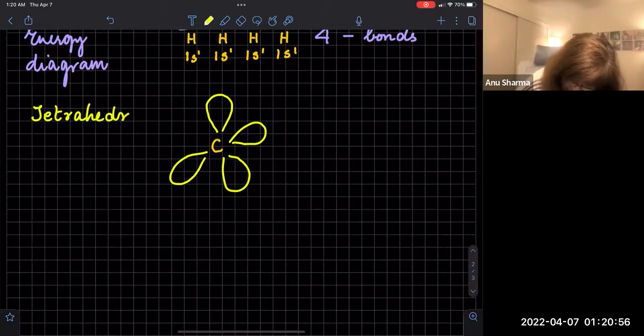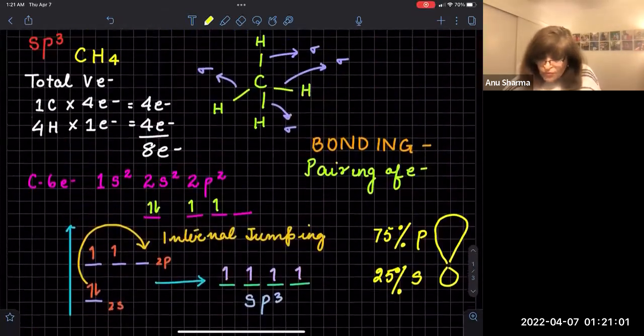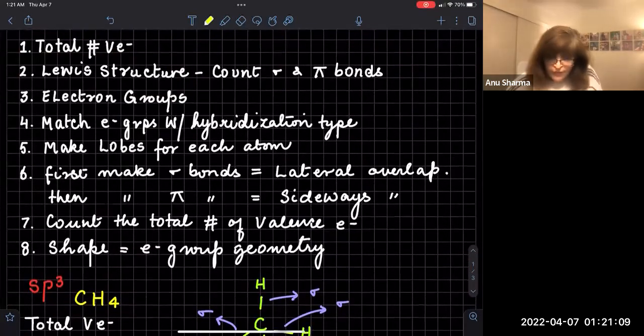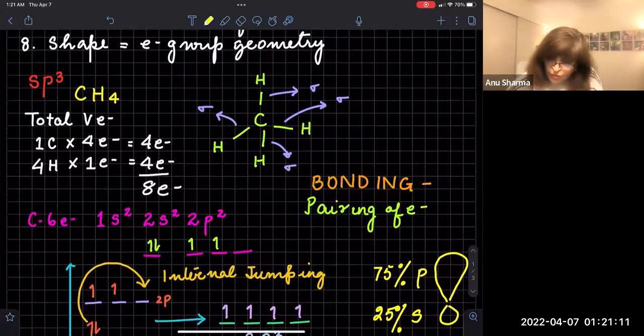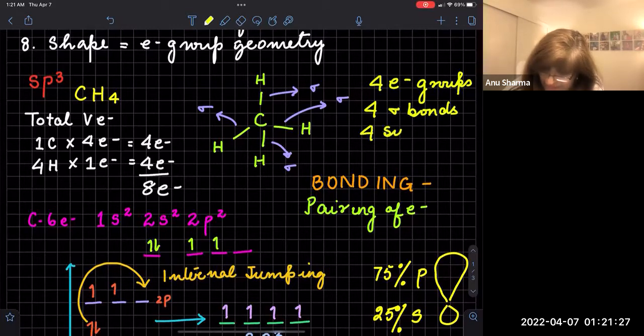Tetrahedral shape. Okay. Why tetrahedral shape? You would know, it's from here. If you look at the electron groups, there are 4 electron groups. These 4 electron groups are these 4 sigma bonds, or in other words, 4 single bonds. And these 4 single bonds relate to 4 electron groups.